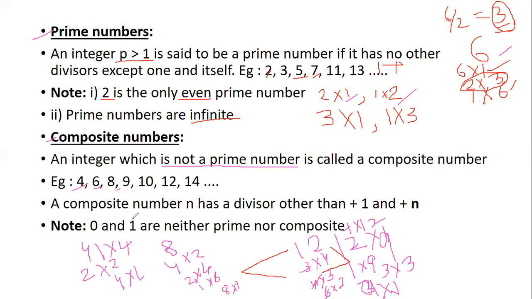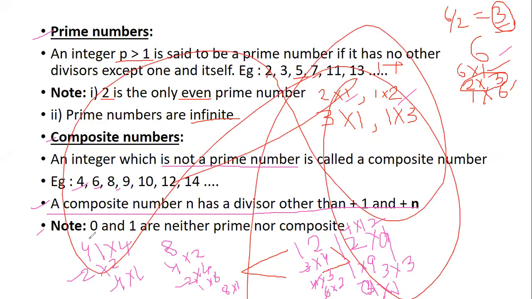A composite number n has a divisor other than 1 and n. This point you will understand when we start with the problems. You will have a lot of options like this, right? The divisors 2 into 2, 4 into 1, they're talking about that. When we start HCF and LCM, you'll be able to understand this number of divisors.